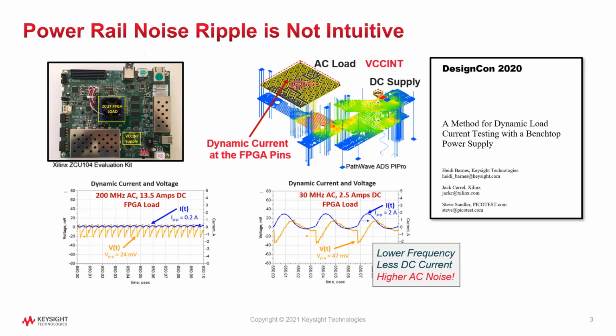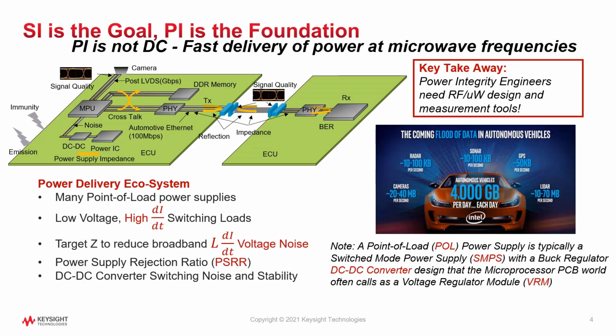The voltage ripple almost doubles to 47 millivolts peak to peak, but even more concerning is the dynamic current ripple increases by a factor of 10 to 2 amps at the FPGA pins. This result was not intuitive, and the simulation part of today's presentation will show how to use the frequency domain world of impedance to find worst-case time domain voltage ripple.